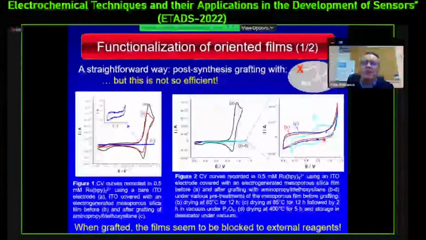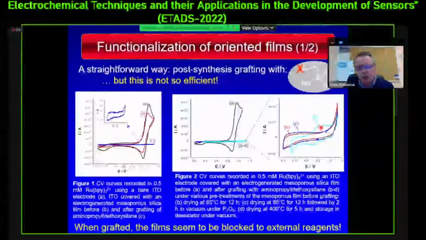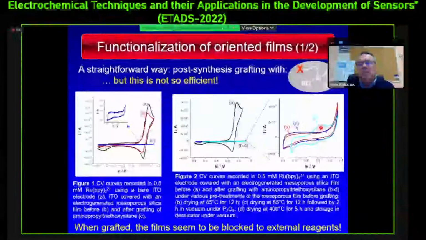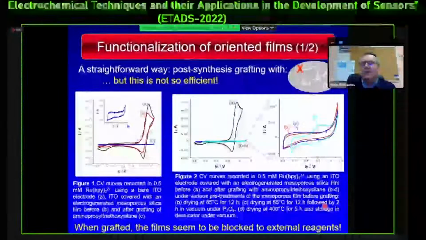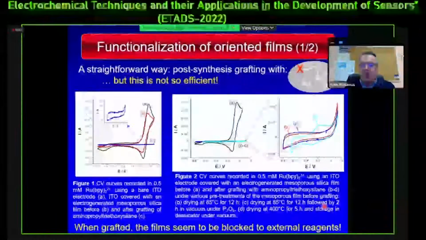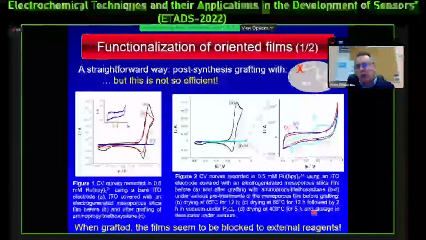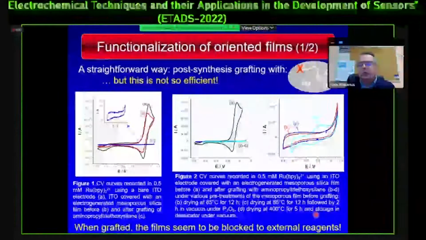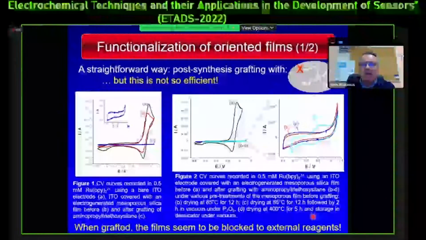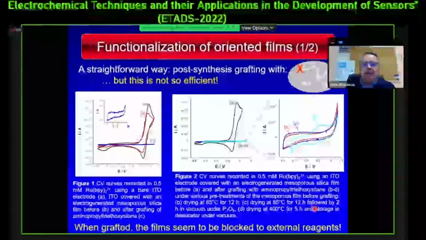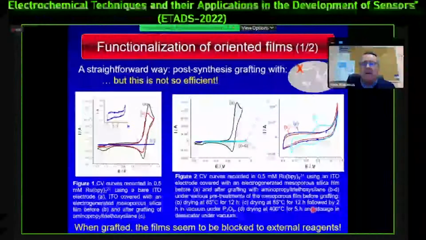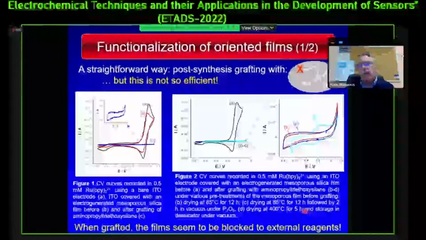But in the best case, we can observe a small perm-selectivity, but it's almost impossible to graft without blocking effects, due to the fact that the film is a small quantity of solid material in contact with the solution. And even if you have small amounts of water, this gives rise to unwanted hierarchical polymerization. So I need to find another way.